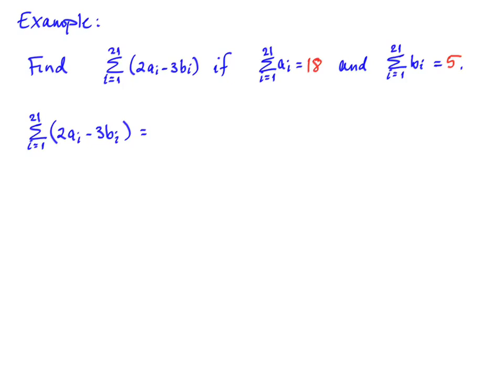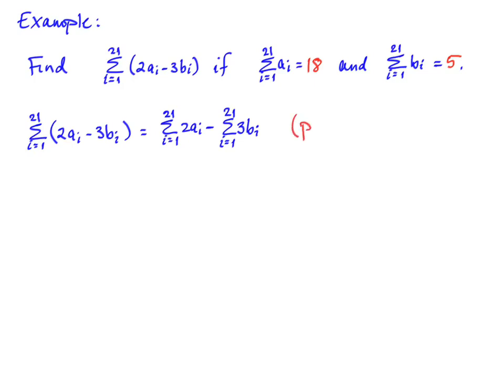Notice that we have a sum of a bunch of differences, 2a_i minus 3b_i. So each term has a difference in it. There's a property that says we can split that up into the difference of two different sums. So it's the sum from 1 to 21 of 2a_i minus the sum from 1 to 21 of 3b_i.